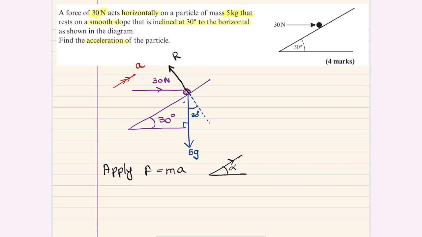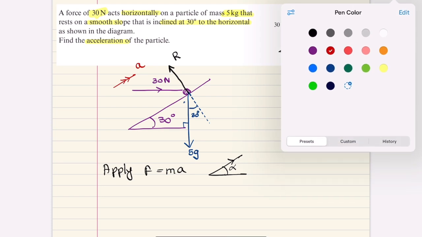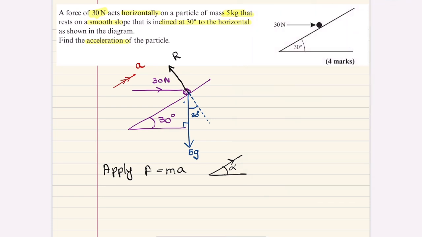Now when you apply F equals ma along the plane upward direction, there might be another angle that you need to consider when it comes to resolving the 30 newtons, because these two lines are parallel, as they are horizontal direction. These are alternate angles, so this is going to be 30 degrees.